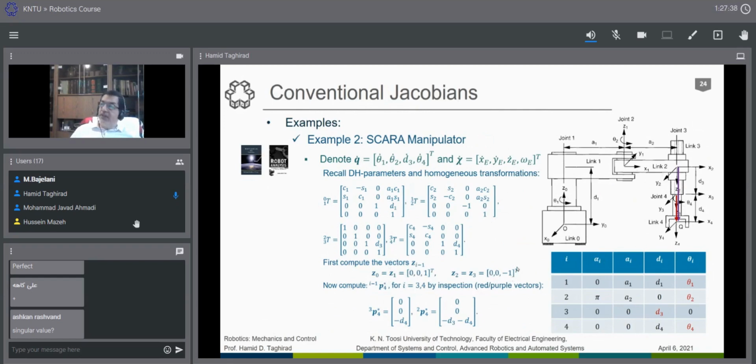This is because of the Denavit-Hartenberg definition that we have considered, with d3 coming downward as the positive direction that we have here. Again, we would like to find the P stars, and in this figure I showed them from the first to the last one. We start with the last one.